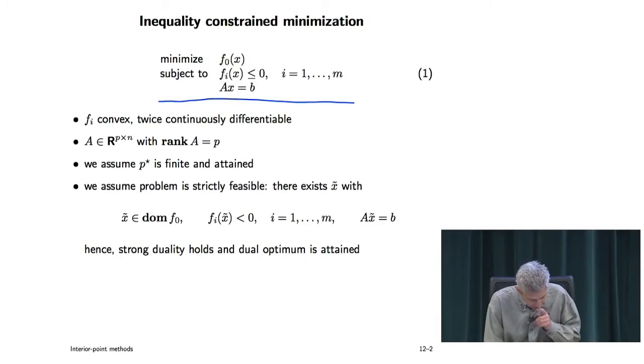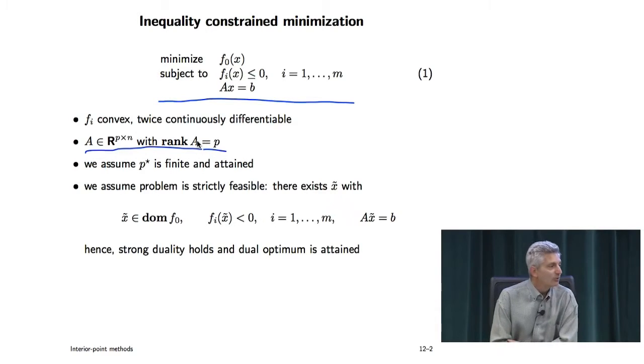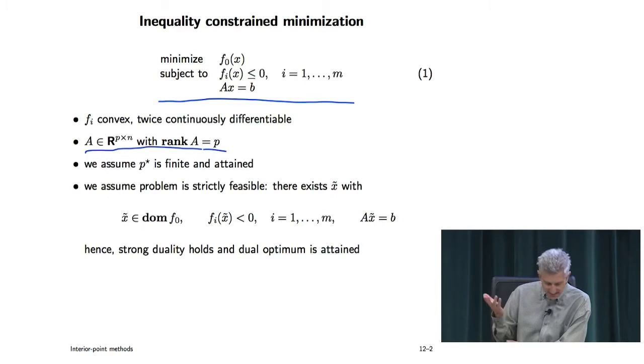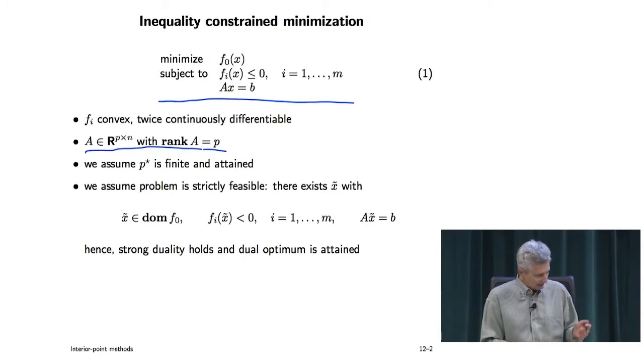Okay, so we'll make some assumptions. We'll assume that A is full rank, so we don't have redundant equality constraints. And we'll assume that there's a solution, that there is an x that satisfies this. And we'll assume strict feasibility. You don't even need a lot of this, but these are your sledgehammer assumptions. By the way, this is essentially the Slater condition.